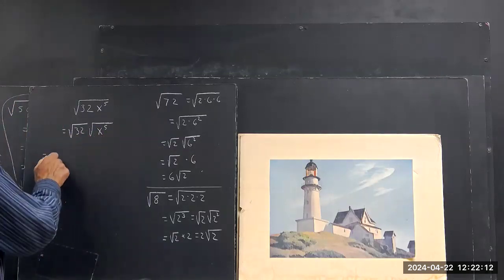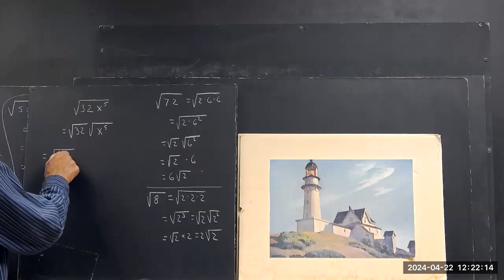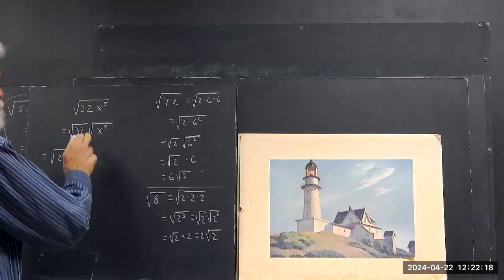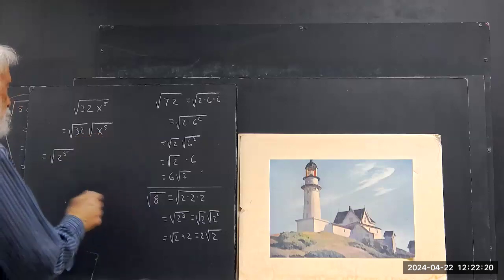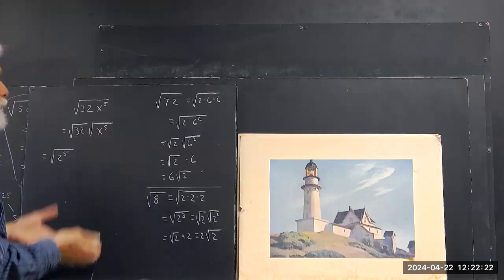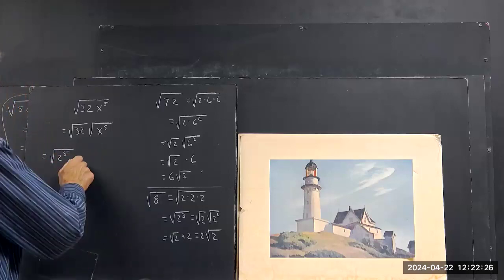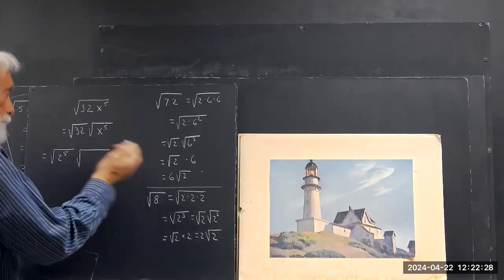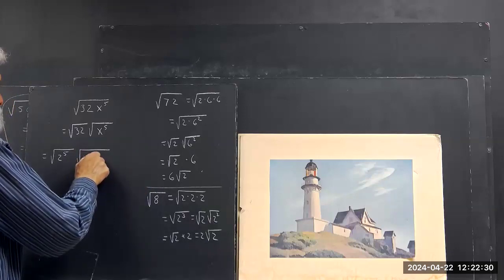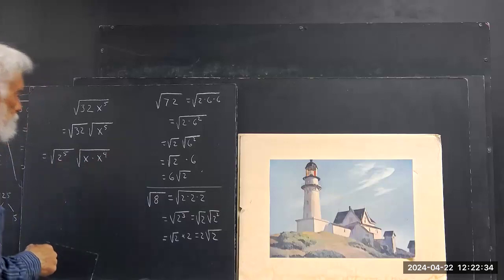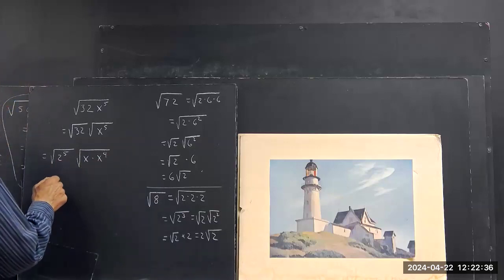You do a prime factorization. And you're going to find that 32 is 2 to the 5th. For the square root of x to the 5th, as we've done before, we separate out the highest even power of x, because then we can take half that power, and we'll do the square root.